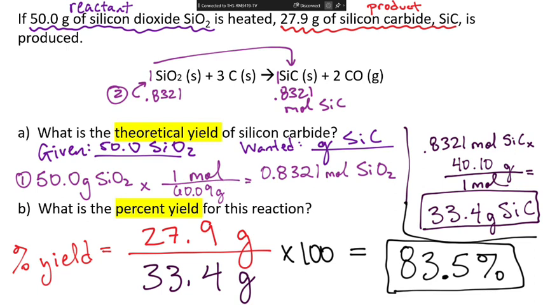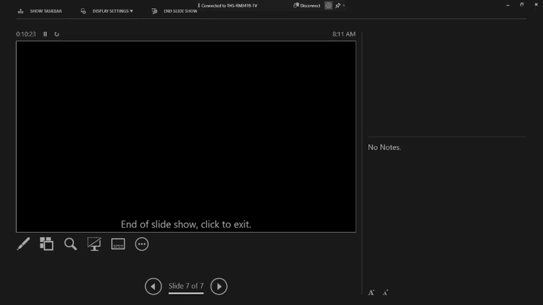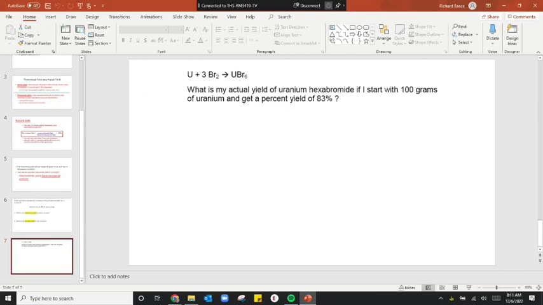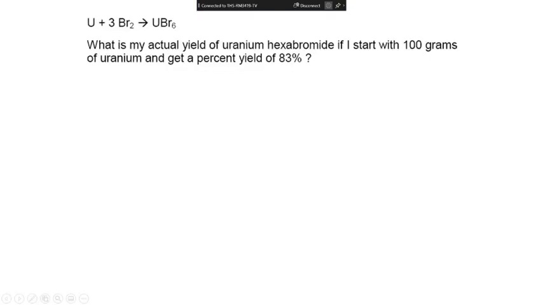All right, I got one more sample problem to talk a little bit more about why percent yield might be useful. Try to find that same slide that you have on your paper. So this one's slightly different in the way it's worded and the way that you solve it.